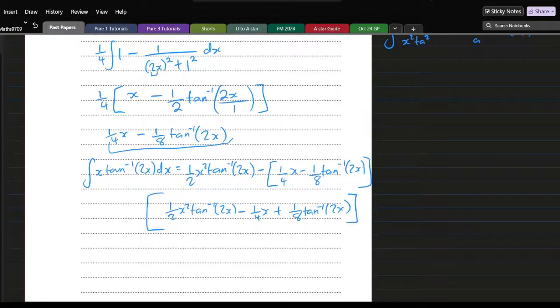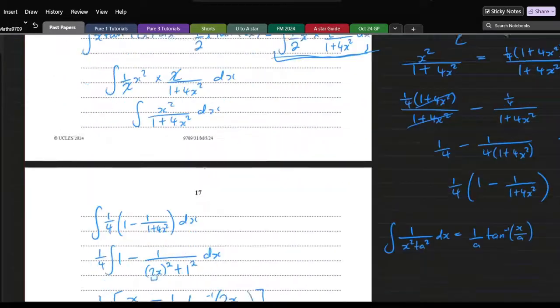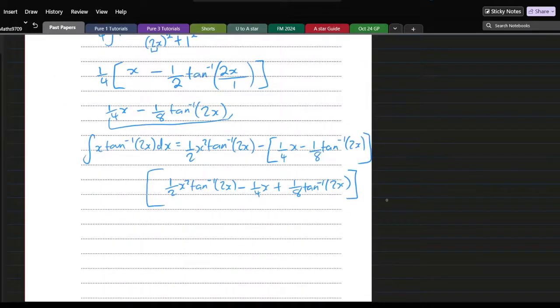And now we can bring back our limits. What are our limits? They are half and root 3 over 2. So we're integrating from half to root 3 over 2. So we can substitute them in. So we'll start with our upper limit.